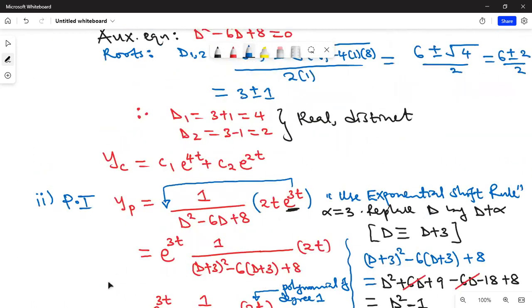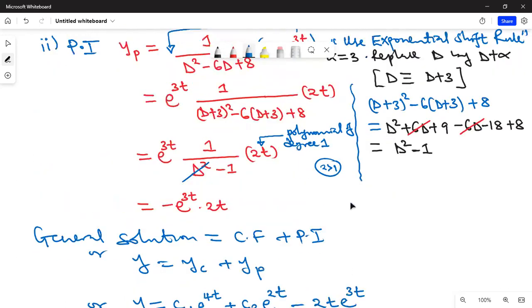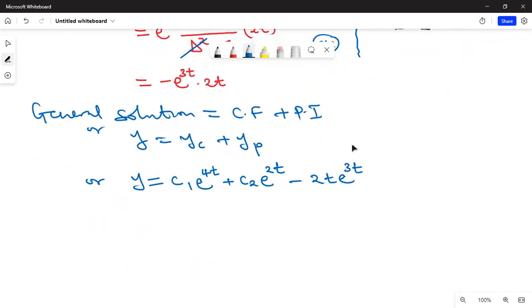So that's our general solution, but we need to replace t so that we go back to the old variable x. Where we have t, substitute that with ln x. That means where we have exponential t, that's the same as x. Exponential 4t is the same as x raised to 4.